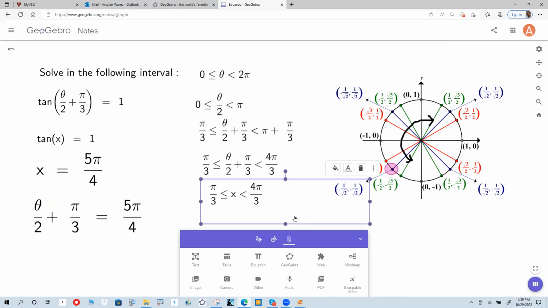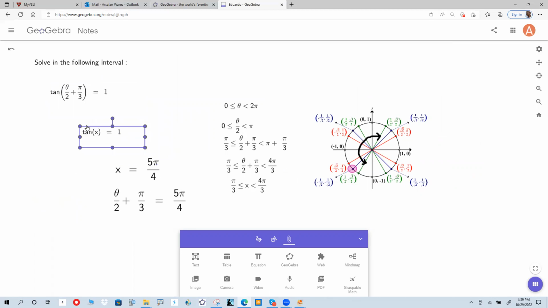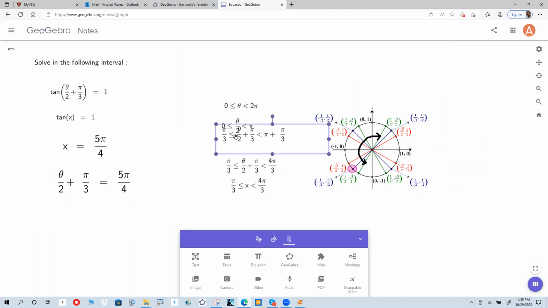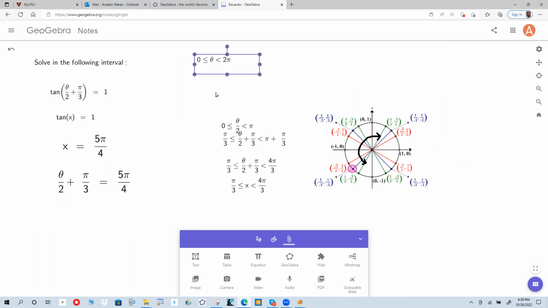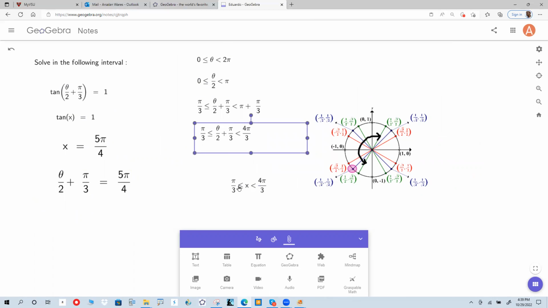Now, I do need a little bit of room, so bear with me. I hope it's not too small for everyone. Okay. We're doing good. I'm going to leave everything there so that you can follow along.